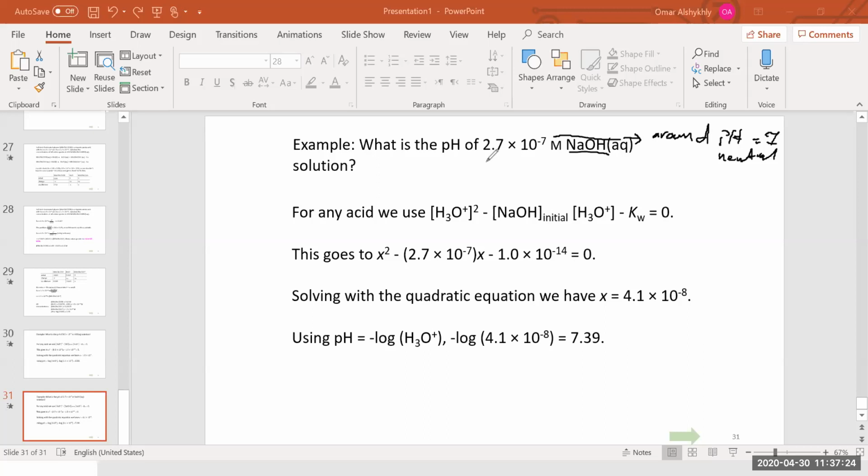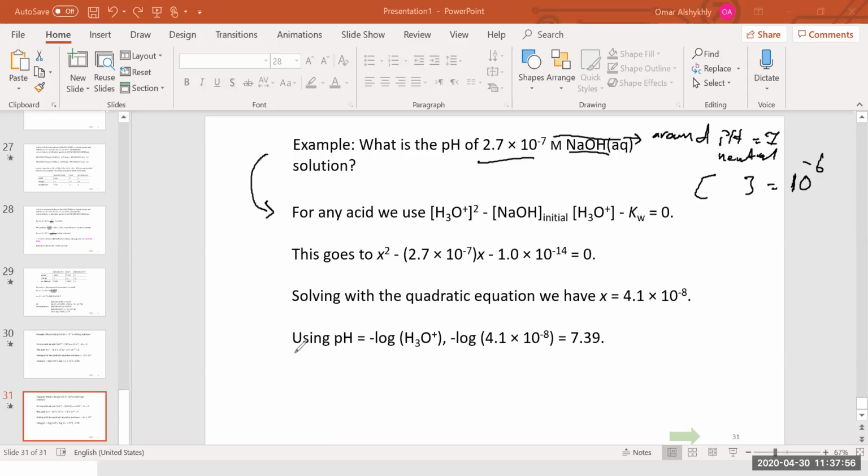So here, because it's very, very diluted solution, how you know it's a diluted solution, guys? When you have the concentration for acid or base around or less than 10 to the -6. So here, 10 to the -7, in the previous example was 10 to the -8. So when you have this amount, you will use this formula.